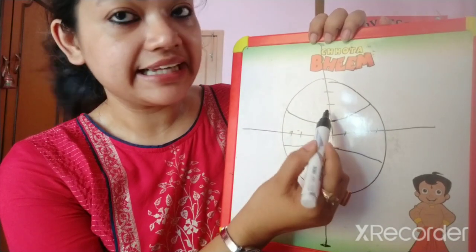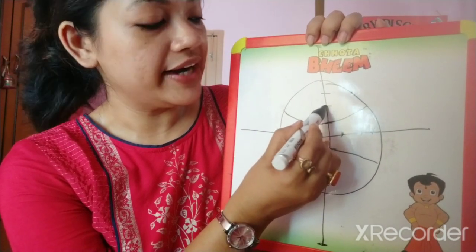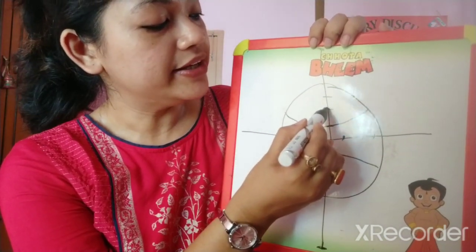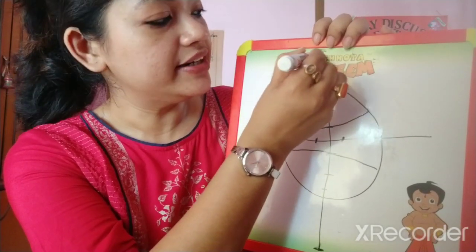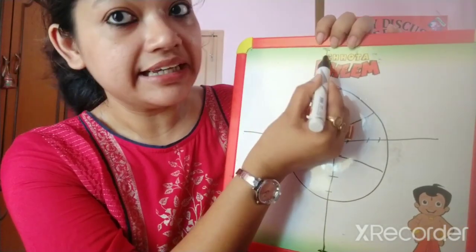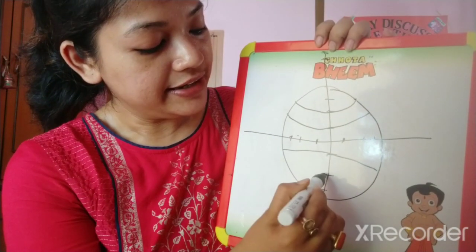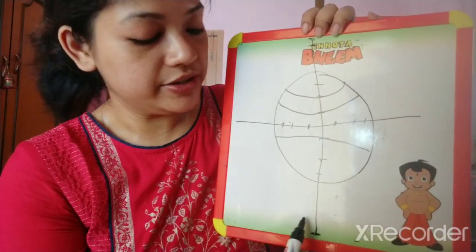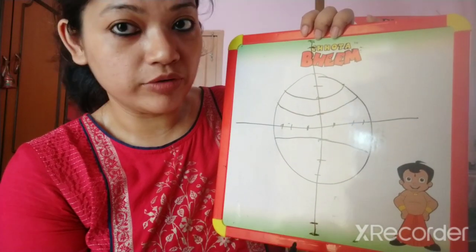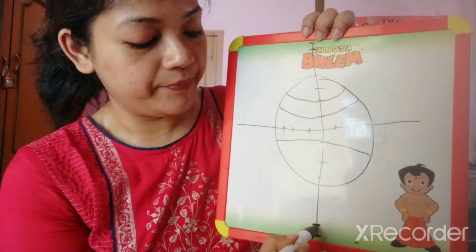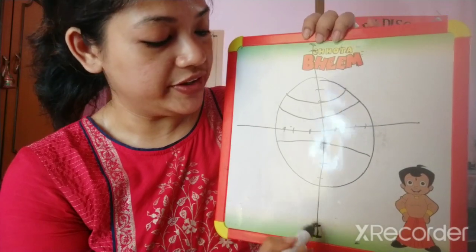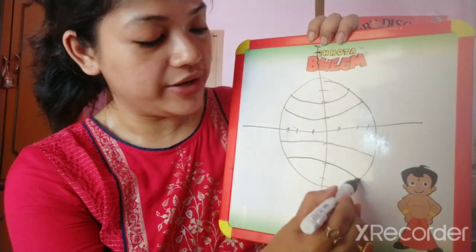Then again, take the values of the next parallels of latitude, measure it from here only on the central meridian. Then from this point, you have to draw the parallels. Here also you have to take the measurement from here to the down of the central meridian, and putting the compass over here, you have to draw the radii.